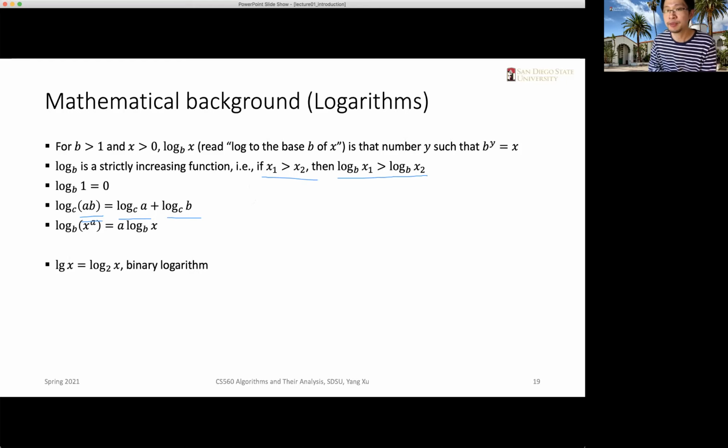But in some places, people use different conventions. Some people assume that if there's no base, then the base is 10. It depends on the conventions in different disciplines. In computer science, because people are more used to binary numbers, when we ignore the base, we usually refer to the logarithm of base 2.